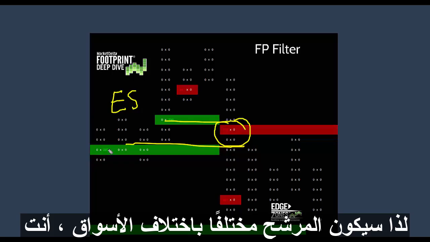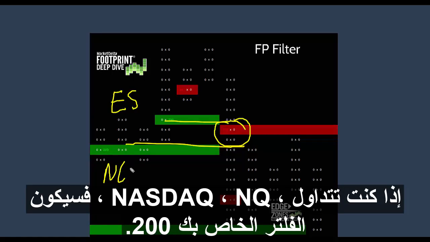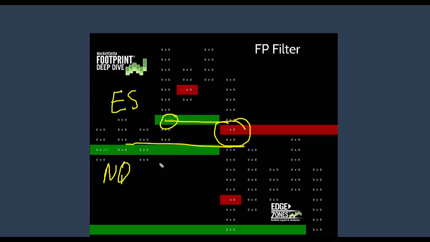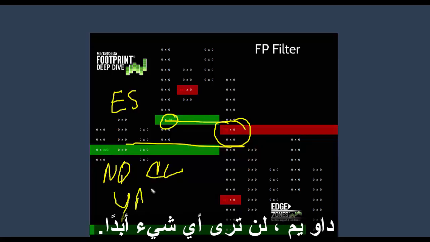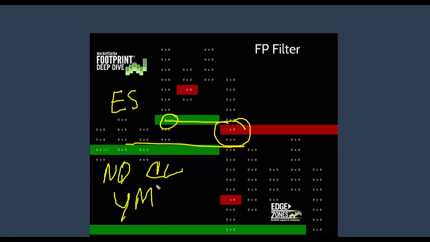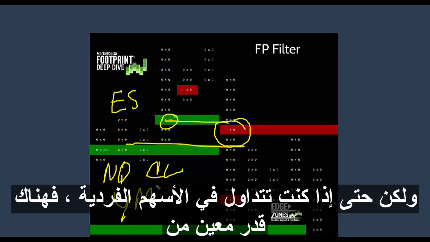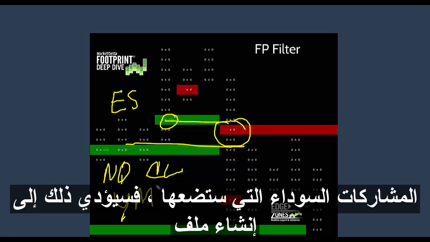So the filter is going to be different with the different markets you trade. If you trade the NASDAQ, the NQ, your filters are going to be 200. You'll never see anything. Crude oil, you'll never see anything. The Dow, YM, you'll never see anything. But even if you trade individual stocks, there's a certain amount of block shares that you're going to put in that's going to create a nice filter.